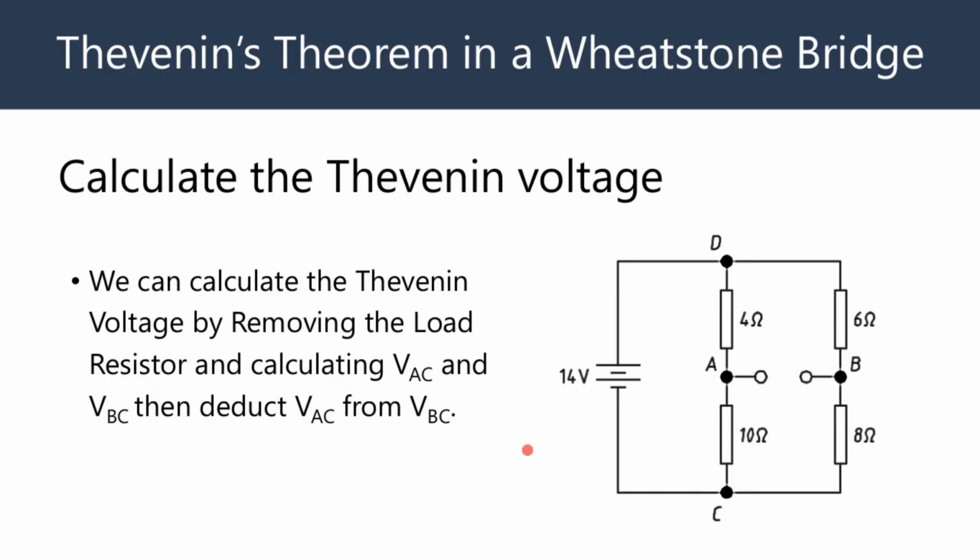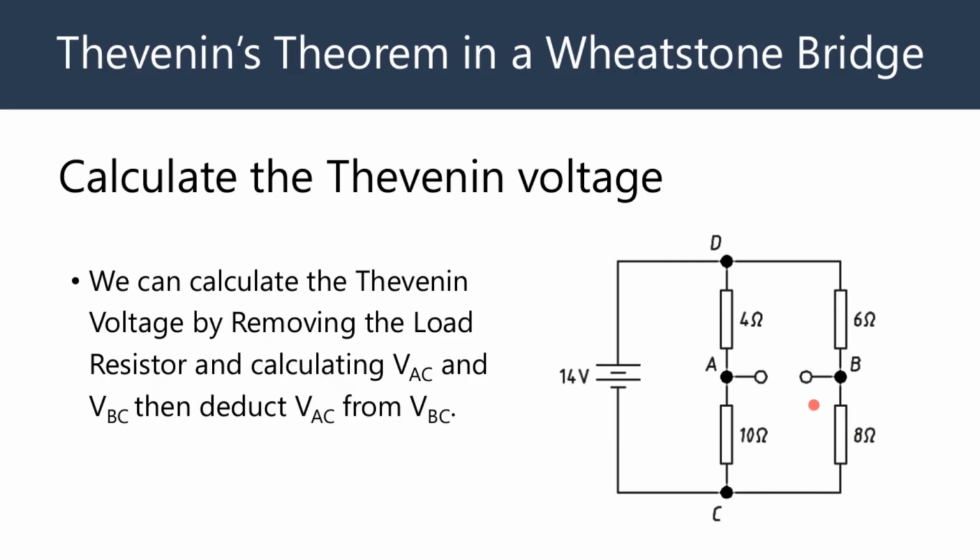From there, I can deduct VAC from VBC. But why do I deduct? I want you to think back to when we looked at Ohm's law. It's got a loop there, correct? The voltage drops in a closed loop are equal to 0.